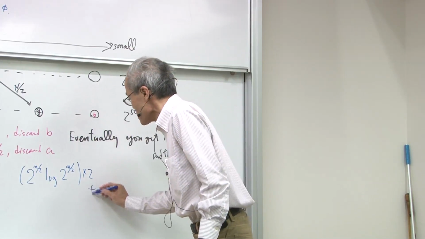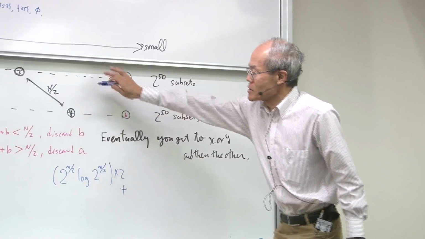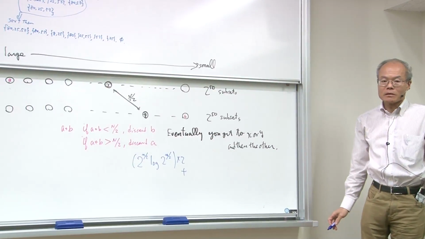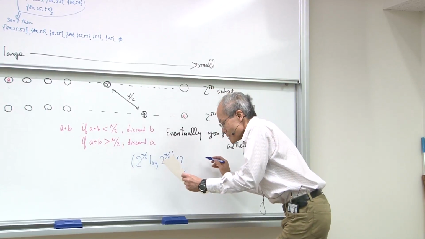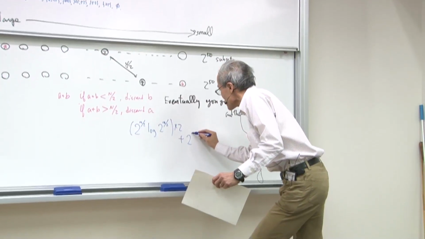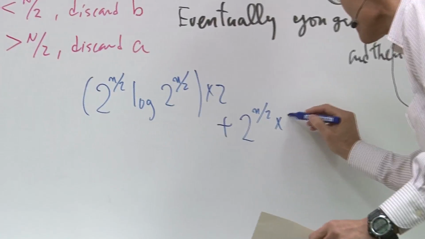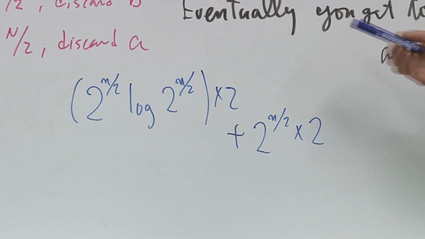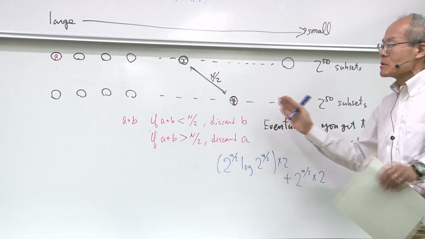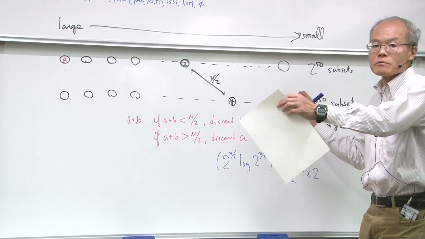plus what is the complexity of this procedure? That is something like 2 to the n over 2 multiplied by 2. Why? Because by doing one operation, you can reduce the size of the list by 1.